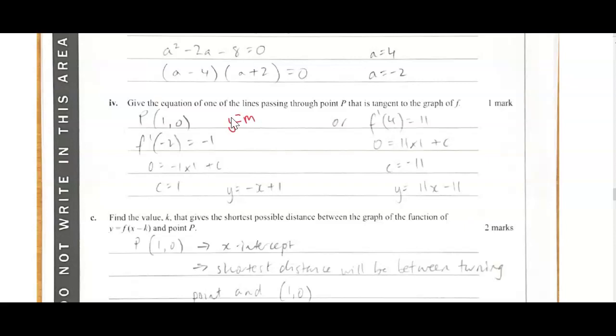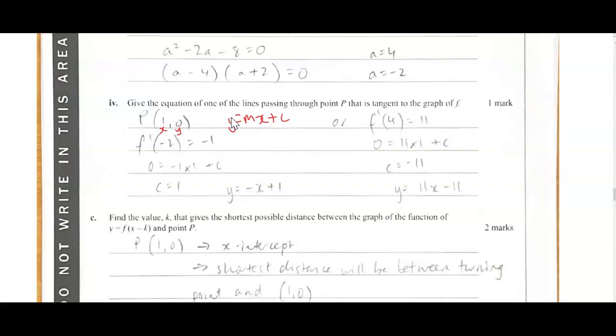So the tangent is just a straight line. So we've got y equals mx plus c. So that means you need to substitute in x and y. So here we're using point P, x and y, and your gradient.